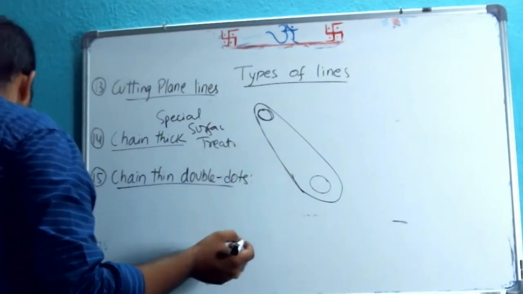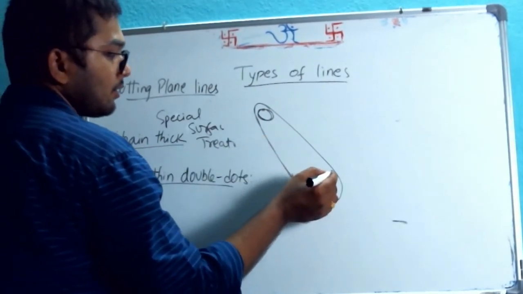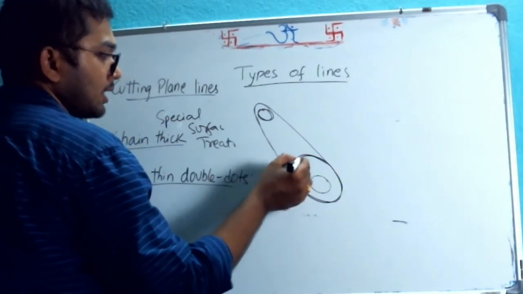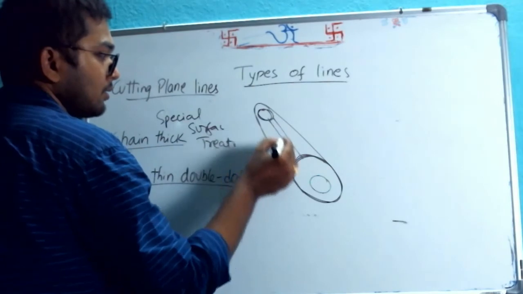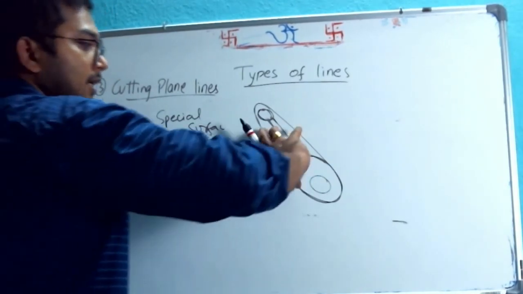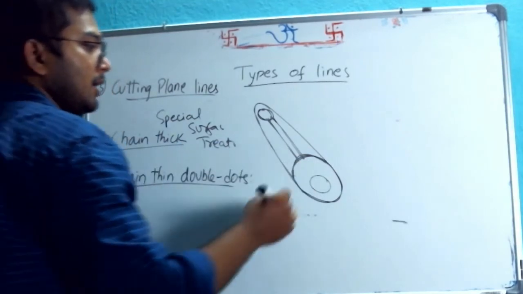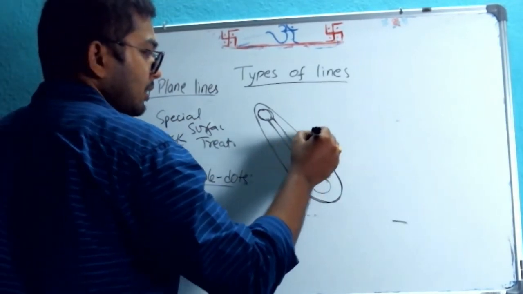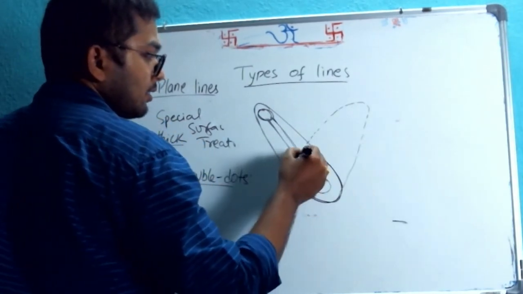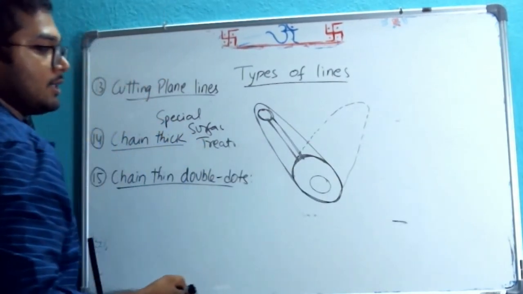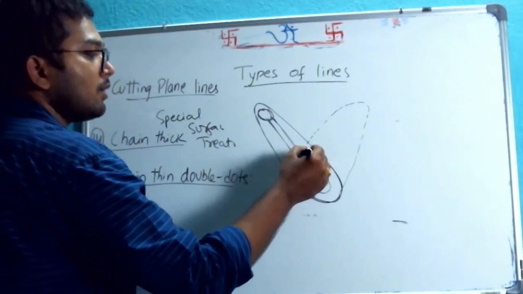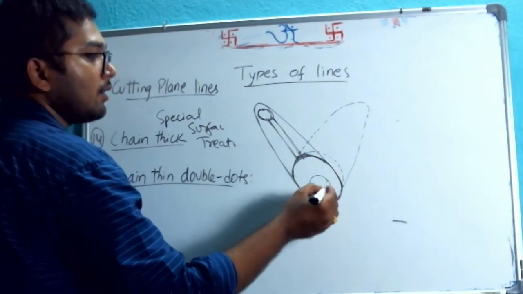Say for suppose it is a connecting rod. Initially it is here. At certain position it is rotating, and in that rotation it has become something like this. Right?